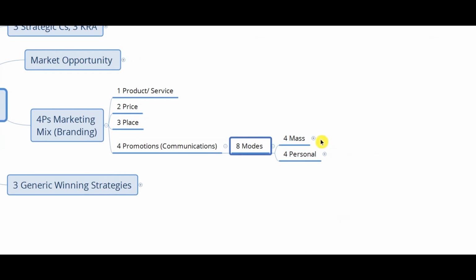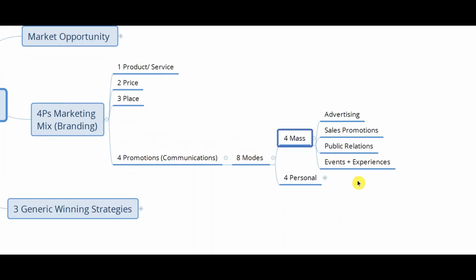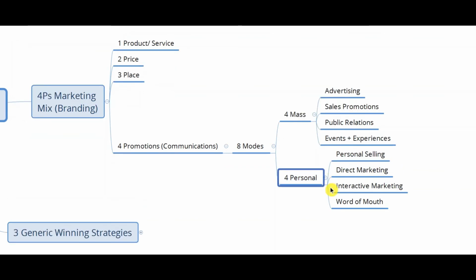What are the 4 modes of mass communication? They are advertising, sales promotions, public relations, events and experiences. What are the 4 personal modes of marketing communication? These are personal selling, direct marketing, interactive marketing, and word of mouth.